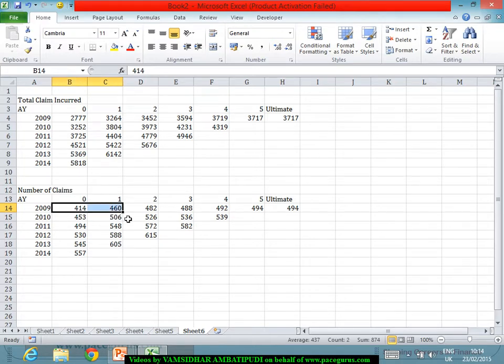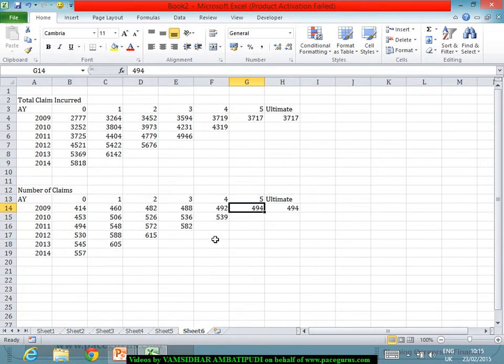Probably another 46 in the second year, another 22 in the third, another 6 by the end of 2012, another 4 by the end of 2013, and another 2 by the end of 2014. That means this has completed the overall process of the settlement of the claim.